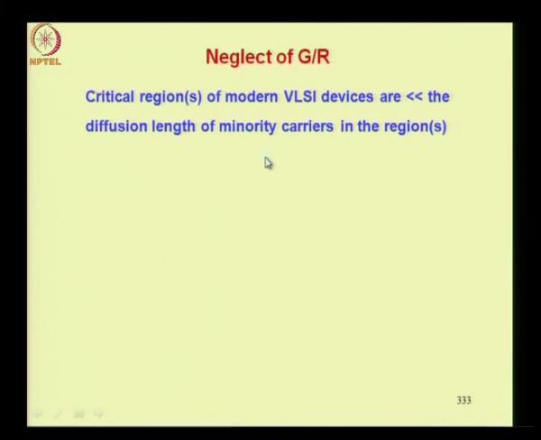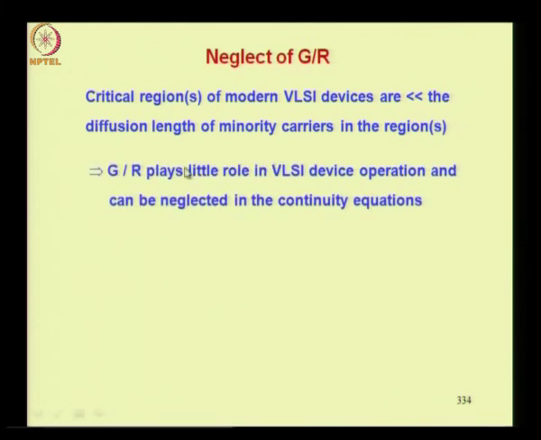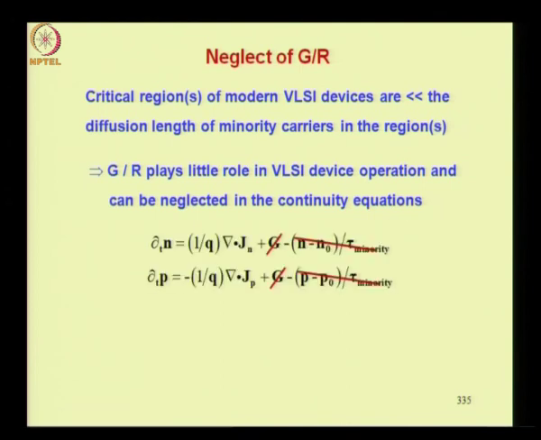Now because this is a fact, we can say that generation recombination plays little role in VLSI device operation and can be neglected in the continuity equations. So this means your continuity equations for VLSI devices could look something like this, where both G and (n minus n0) by τ minority have been neglected. So that is a great simplification.